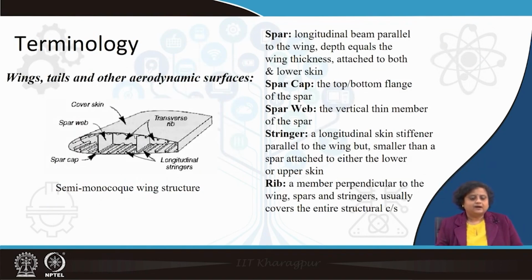Here we will be talking in detail about the different structural components of a semi-monocoque wing. This shows the cross section of a semi-monocoque wing structure.